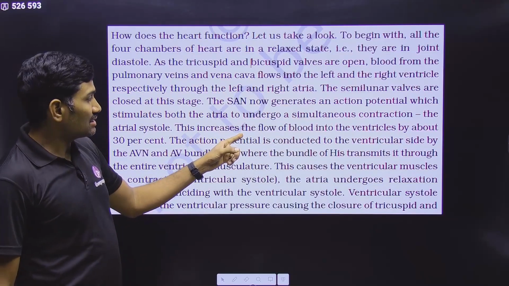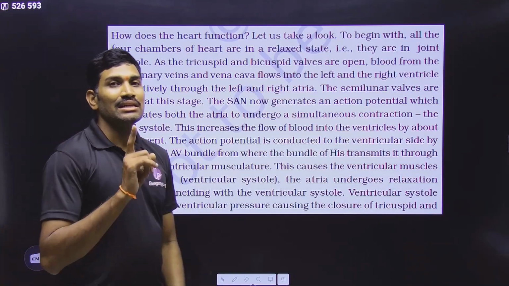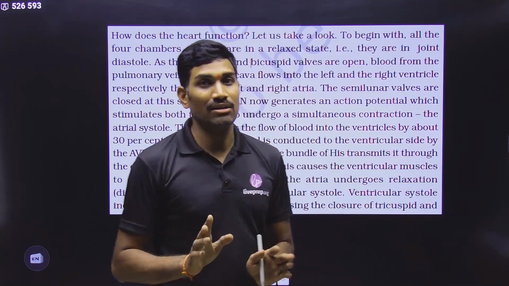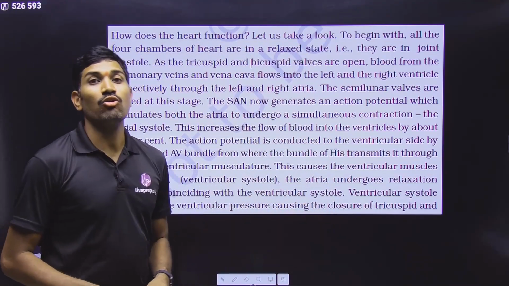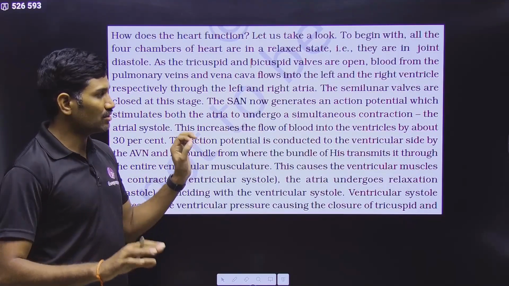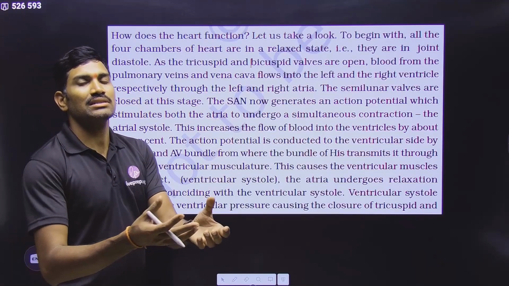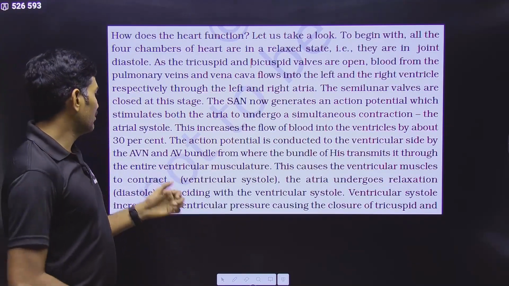Atrial systole increases the flow of blood into the ventricles by about 30%. The calculations for this percentage I will tell you separately, when we calculate cardiac output, because it is very important. For now, just remember that approximately 70% is filled passively, and during atrial contraction, that 30% of the blood will be added.